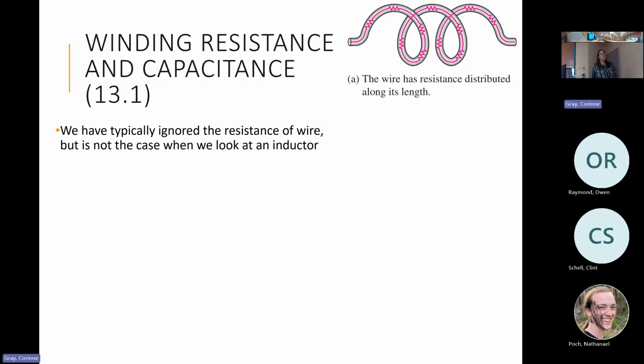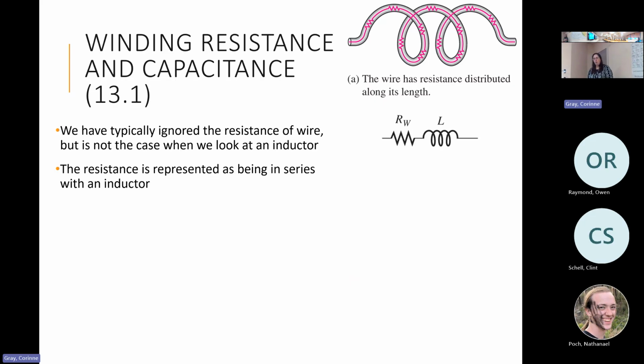And typically with its representation, we don't want to combine two different types of circuit components into the same circuit component. So what you do instead is you pull out that resistance. So now we have a resistor that is associated with the resistance for our particular wire. And it's typically a pretty small value.